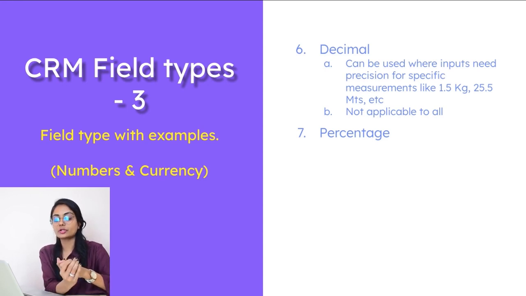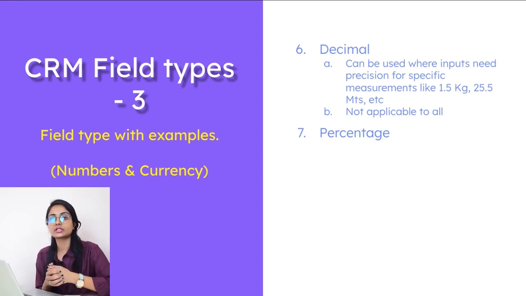Now you can use percentage inputs when you want to analyze the probability of winning an opportunity, or if you want to capture the ratio of something, that out of total, what was the total number of accepted outcomes that was achieved. So in such cases, you can choose percentage type field here.